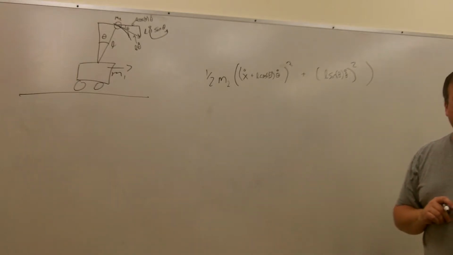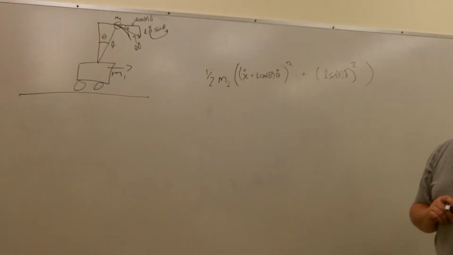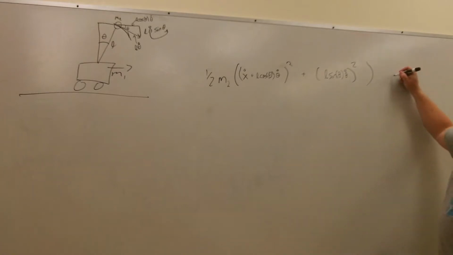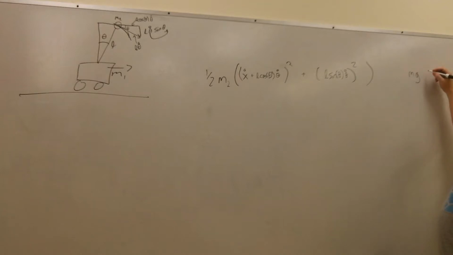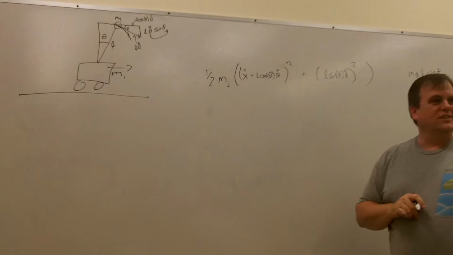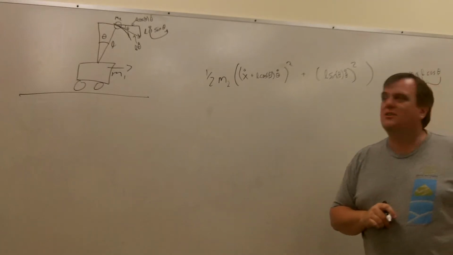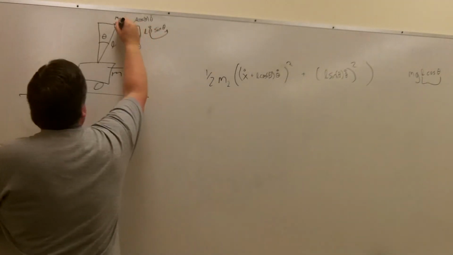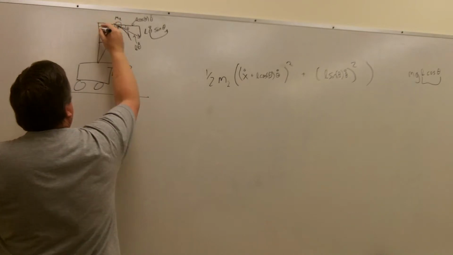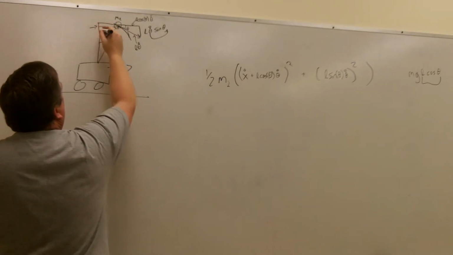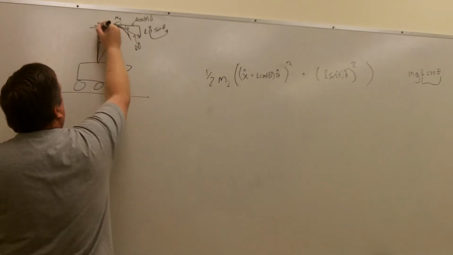It's not L sine theta. No, L minus L sine theta. We got our total distance to the ball from the cart, L minus L. This is your height. Your ball is here. The height is therefore this side.